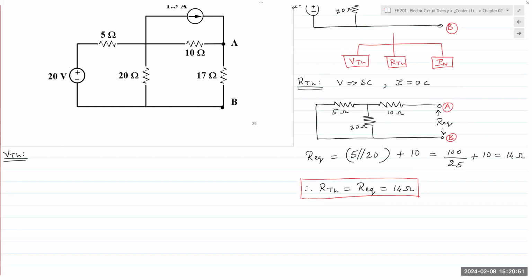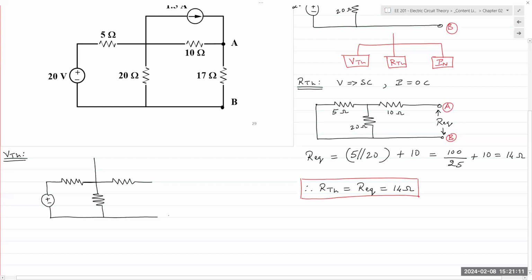And so we redraw the original circuit with both the sources back in. And this time we want to find the open circuit voltage at our terminals of analysis, A and B.